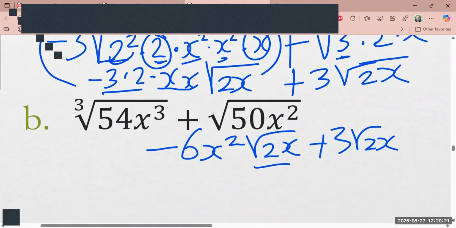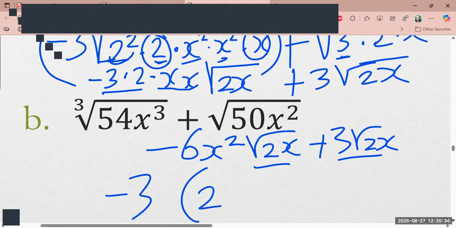So I'm going to get a parenthesis, and I'll get negative 3 root 2x out.